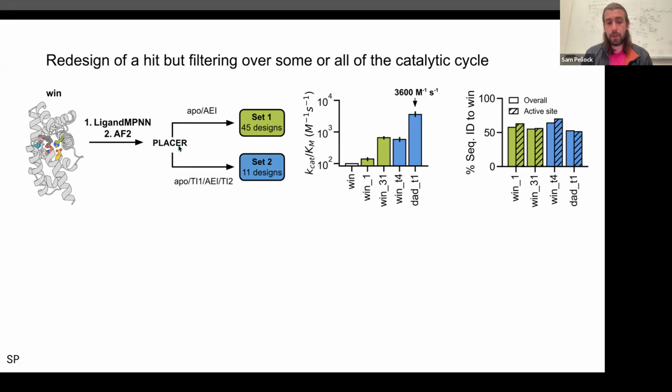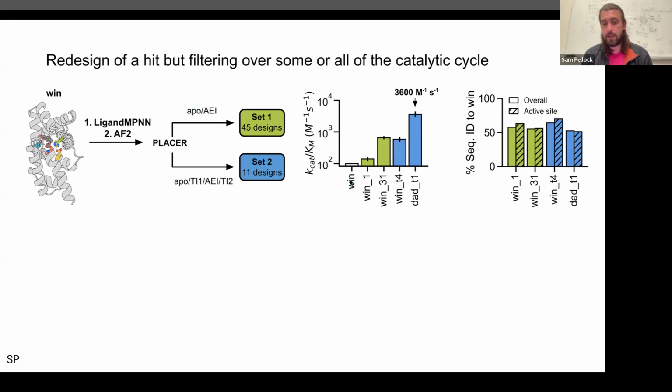But this time we filtered with Placer, either for both the apo state and the acyl enzyme intermediate, or over all states across the catalytic cycle. We ordered and experimentally characterized two sets of designs for this 2-state versus 4-state filtering, and we found that we were able to generate designs with improved catalytic efficiency.